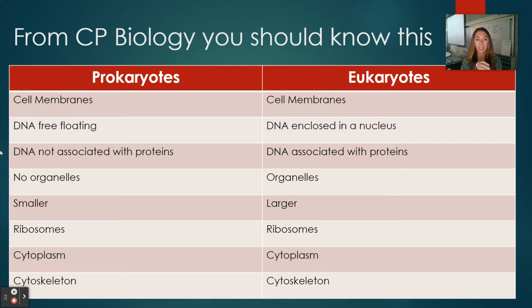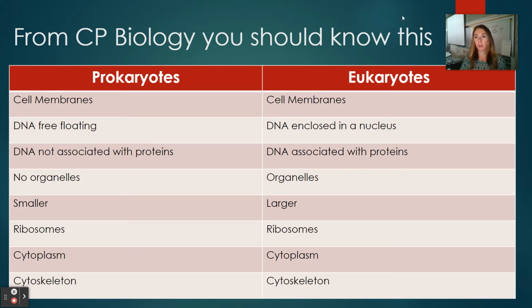In prokaryotes, the DNA is not associated with proteins. In eukaryotes, it does, so it twists around those. Prokaryotics do not have organelles. Eukaryotes do. They carry out special functions. Small, large, right? Both have ribosomes, both have a cytoplasm, and both can have a cytoskeleton. So highlight those things that are the same, and then we'll be talking about the differences.